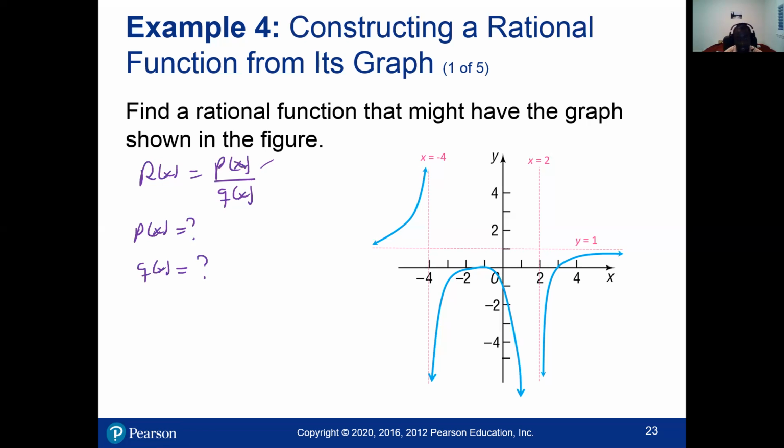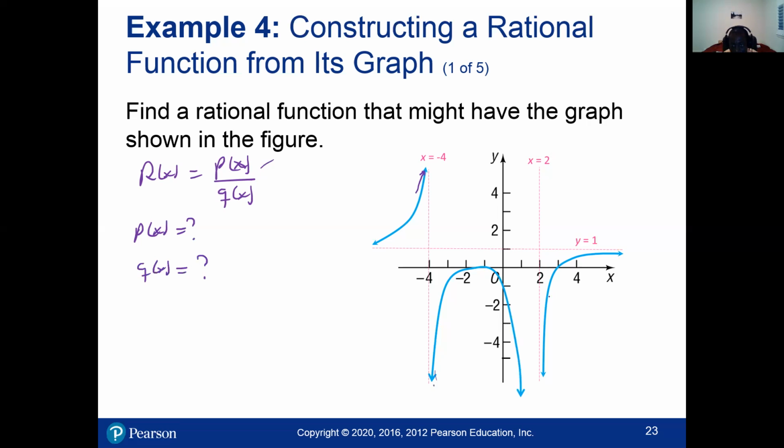Then notice that if you have a behavior at the vertical asymptote that rises and then falls, that in terms of multiplicity is an odd multiplicity. That factor will have an odd multiplicity. If it touches, it has an even multiplicity. If it crosses, it has an odd multiplicity. So we're going to use that.